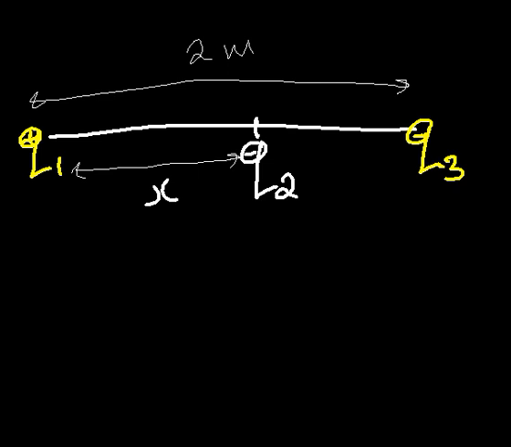Now the point of interest is, what is the position in which charge 2 has to be in order to experience a net force of zero due to the other charges?